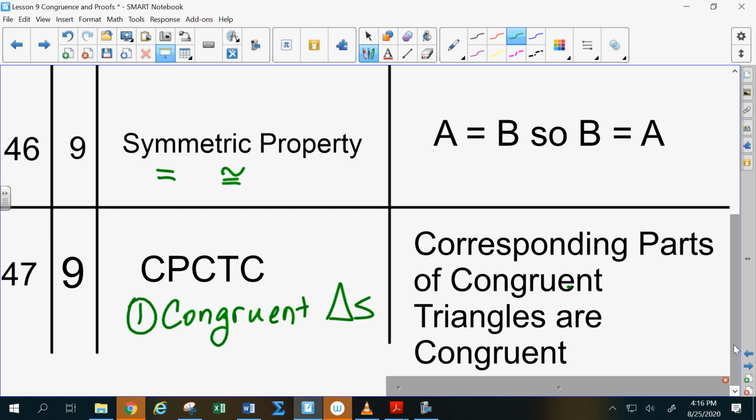So maybe you used three things out of SAS. So maybe you had three sets of things that you showed in your proof had to be congruent. So you showed three things. That was enough to say that the triangles are congruent. And then you had three things left over. So by CPCTC, you could say any one of those other three sets that you had not already talked about in your proof, that means that set has to be congruent.